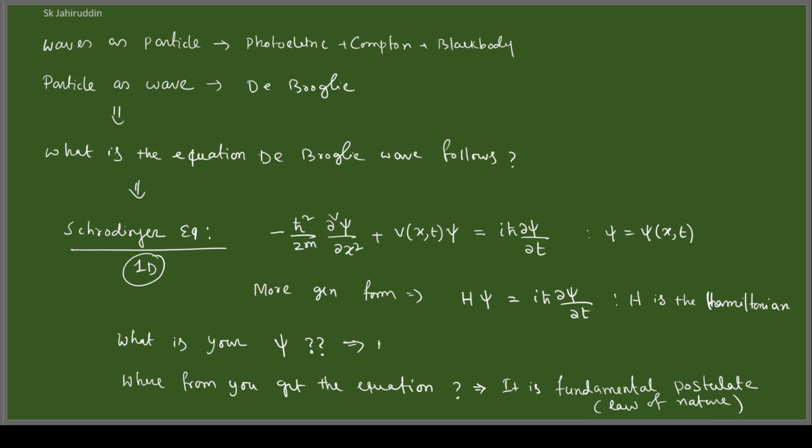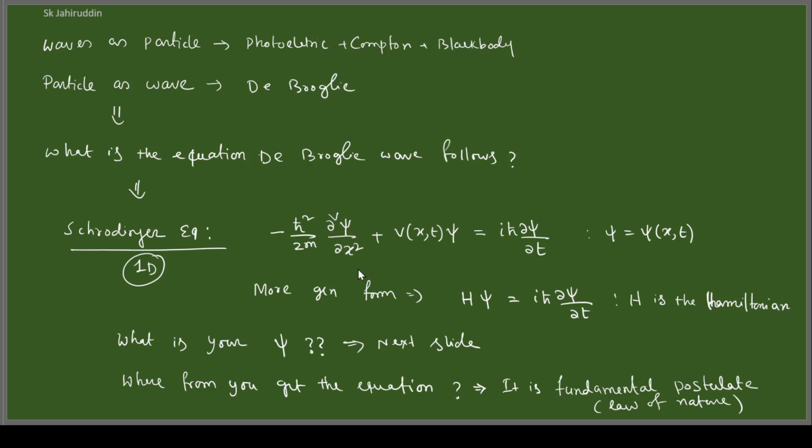What is psi? Next slide. But all quantum mechanics will be revolving around this equation. V is the potential, and del square psi del x square is the space double derivative. You can see this is the double derivative with respect to x of that psi.